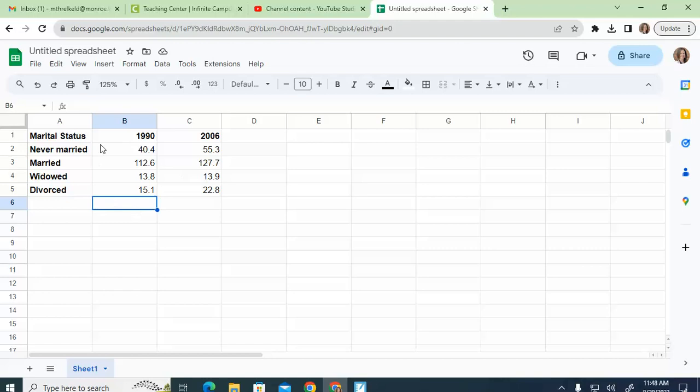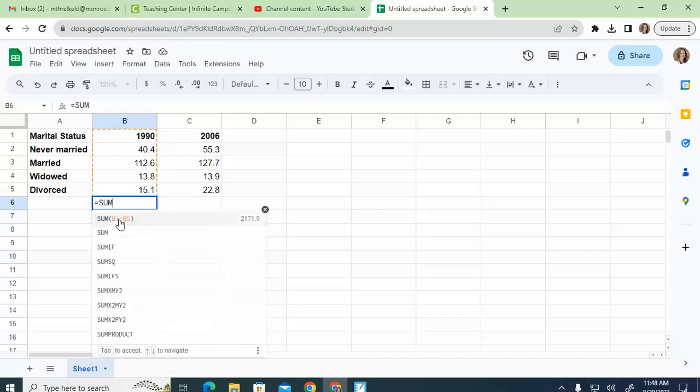I said I wanted a side-by-side relative frequency distribution. Are these numbers the relative frequencies? No. So I need to figure out all my relative frequencies. I need it to add up all these. I want it to do it automatically for me. So if we do equals, it's giving me a suggestion.